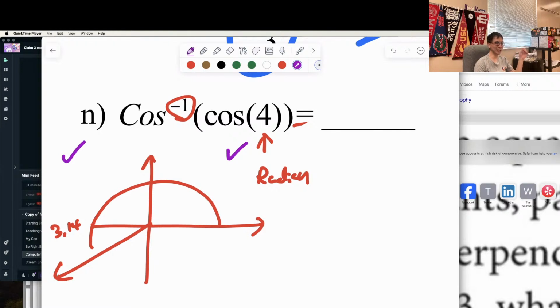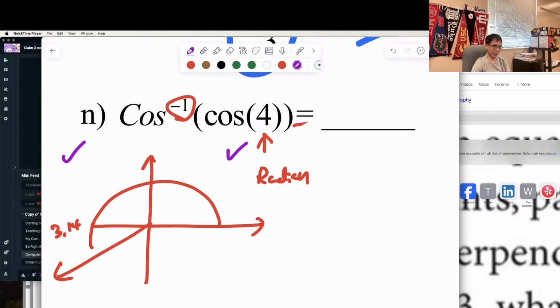I would say probably negative 0.7, rounded. So how do I know that? Well, I had to think about things. So negative 0.7 what? 0.65. Okay.